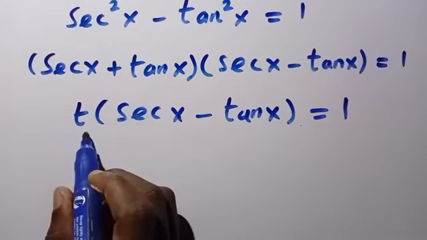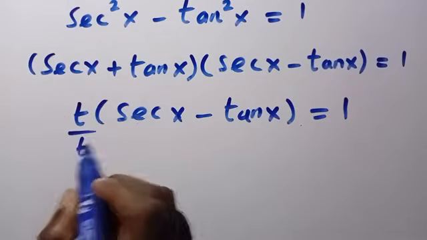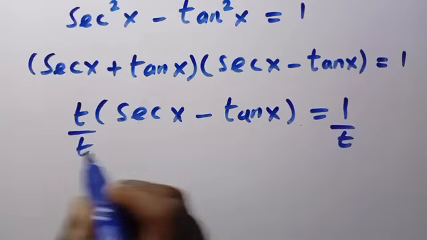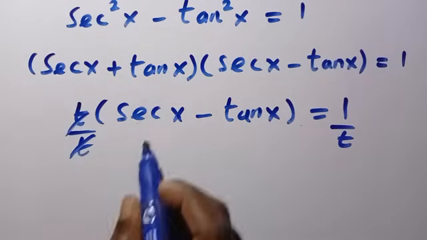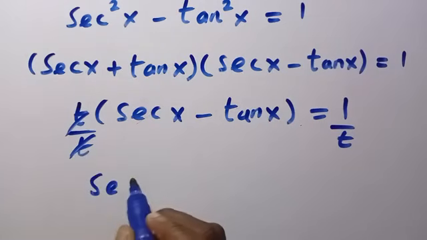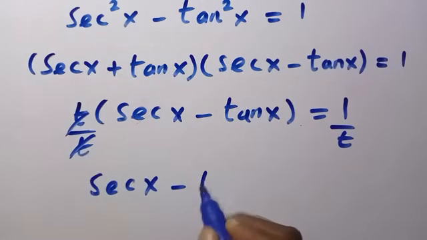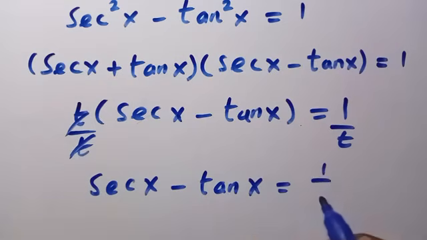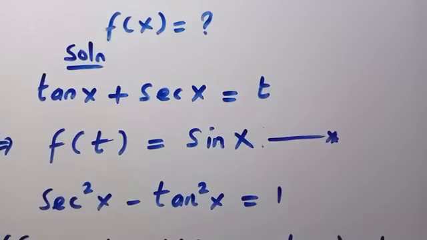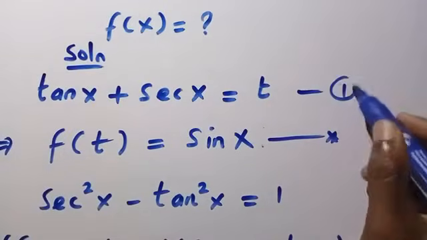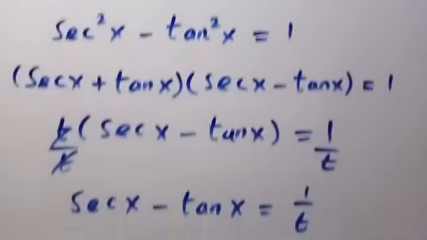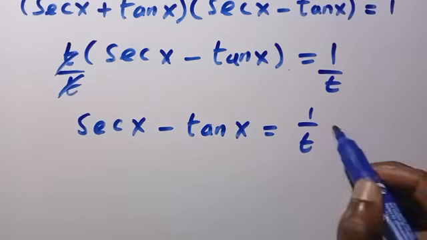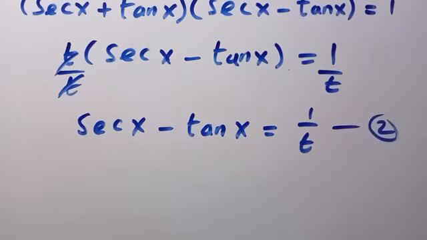By dividing both sides by t, t cancels t, and here it becomes sec x minus tan x equals 1 divided by t. For the first one that we got, let me call this equation 1, and the new one here, equation 2.